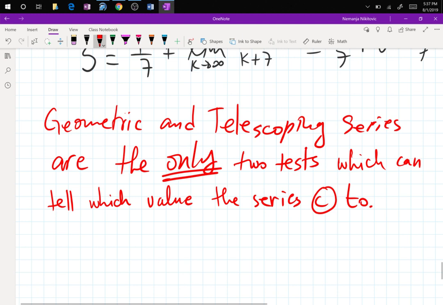Geometric and telescoping series are the only 2 tests which can tell us which value the series converges to.